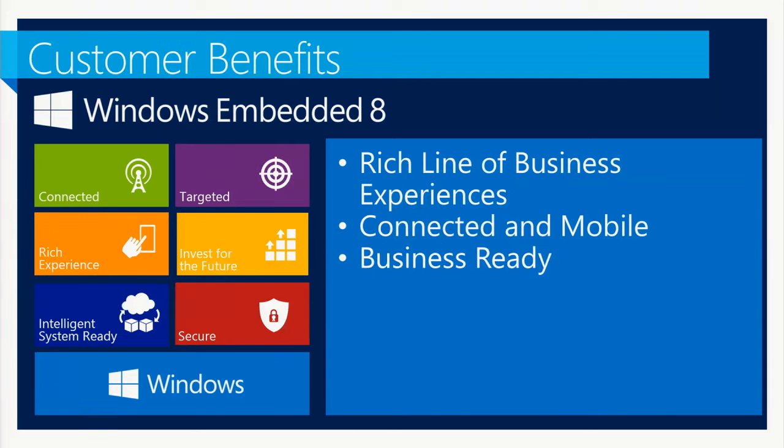Business ready, again, going back to Windows 8, so the power of Windows 8 is being used to build enterprise class solutions. Security, like I said before, all of these devices are going to share data and remain connected. And eventually, you want this whole ecosystem to be secure. By using enhanced security technologies, you're going to protect the device, the data, and the network.